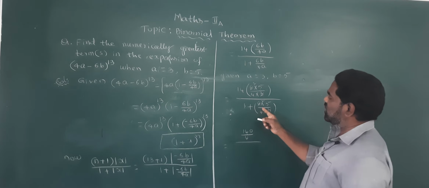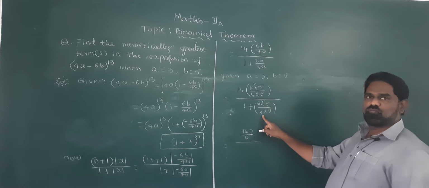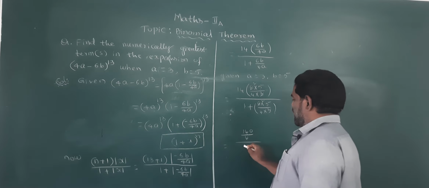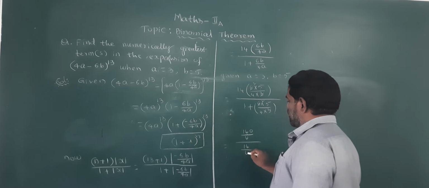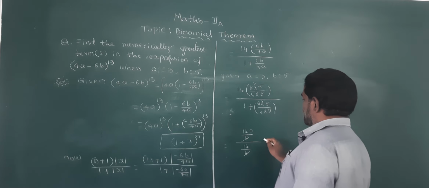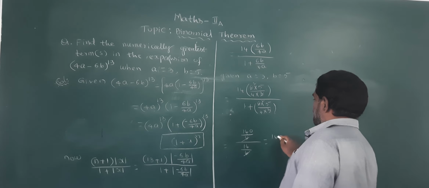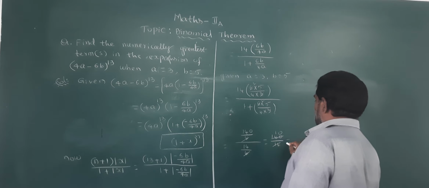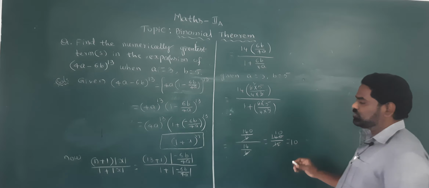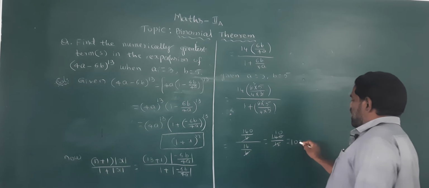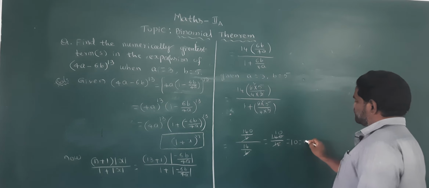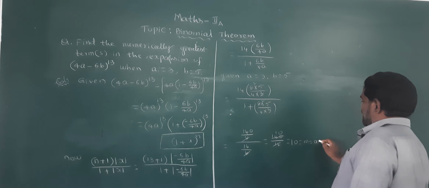Let us check what will come in the denominator: 4 plus 10, that is 14, over 4. The 4s get cancelled. 140 by 14, 14 tens are 140. What will come? 10. It is an integer. Let us call this m, an integer.